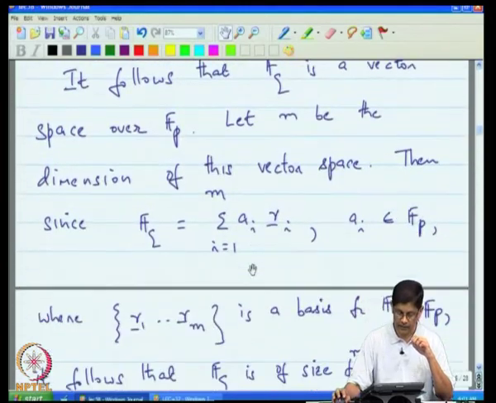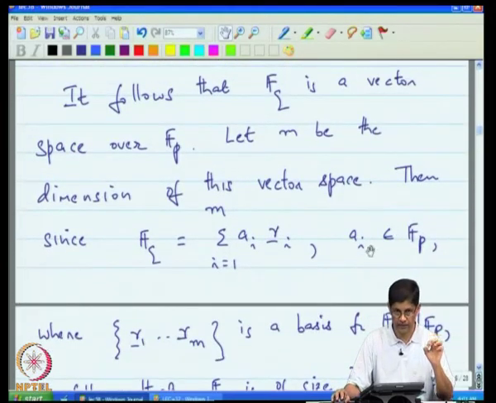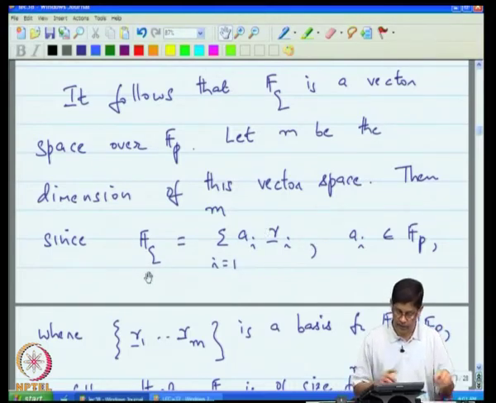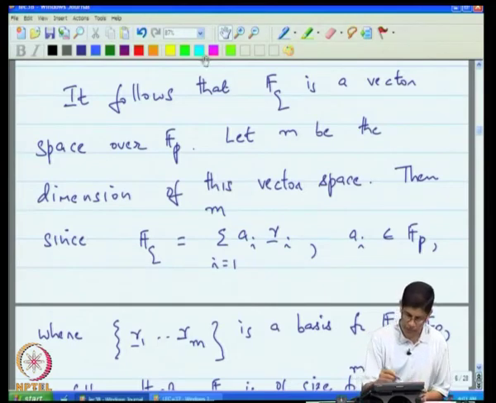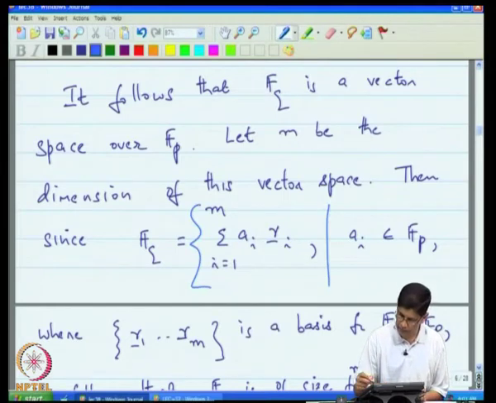But there is an interesting property that we can call upon here with respect to vector spaces, namely that you can describe all the elements in the finite field like this.